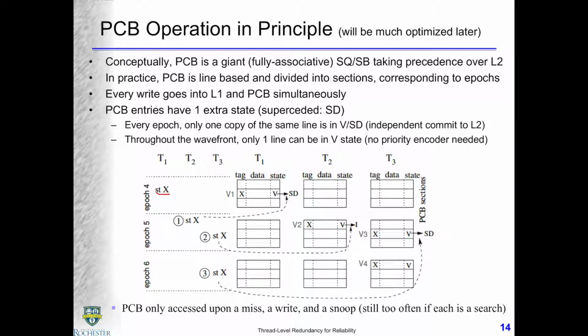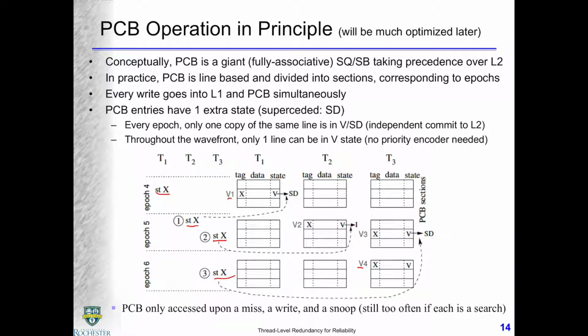First by T1, then by T2, then by T3 in the same epoch, and lastly by one more store at T3 in a different epoch. Okay, so how many versions of this cache line will exist in PCB? Well, it's 4. As you can see over here, the 4 versions, V1 all the way to V4.